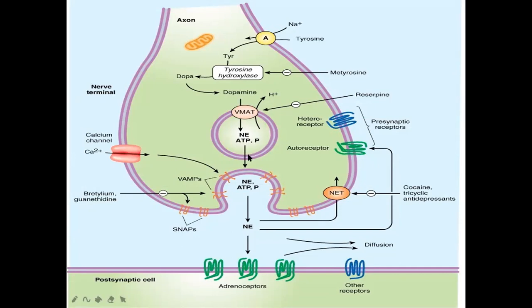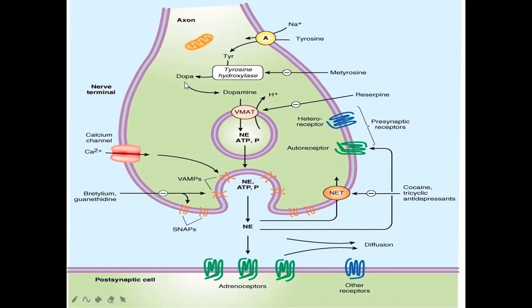With stimulation by a nerve impulse, it is secreted into the synapse as norepinephrine, ATP and phosphate. This norepinephrine binds to the adrenoreceptors, the beta receptors or the alpha receptors. Through another mechanism, through autoreceptors, it is taken up or diffuses into the synaptic cleft. So this is how catecholamines are synthesized, for example, from tyrosine, and tyrosine in the presence of tyrosine hydroxylase is converted to DOPA.